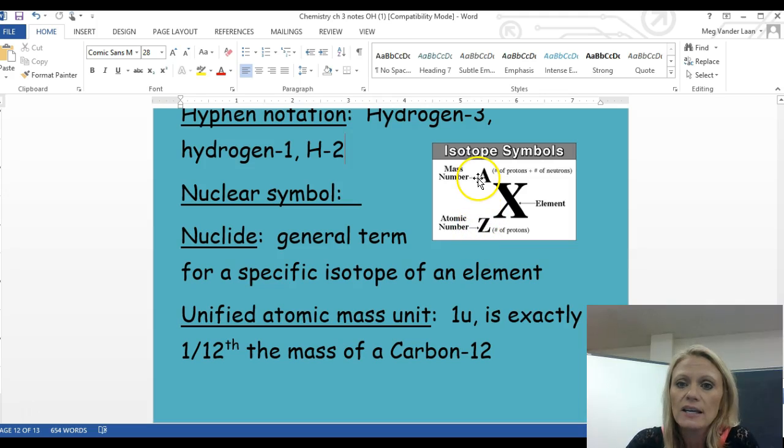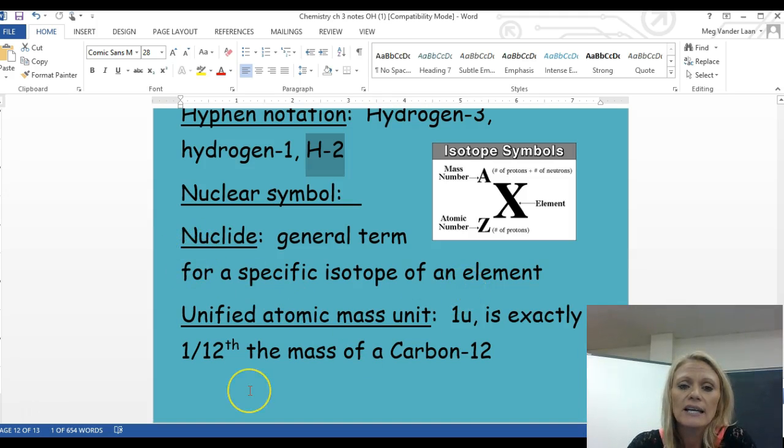So A stands for mass number, and that's the number of protons plus neutrons, and Z would be your atomic number. So if we did this for hydrogen-2, you would have an H where this X is. You would have a 2 where this A is. And then if you look on the periodic table, the atomic number for hydrogen is 1. So you would have a 1 down here. So that's how those are written.